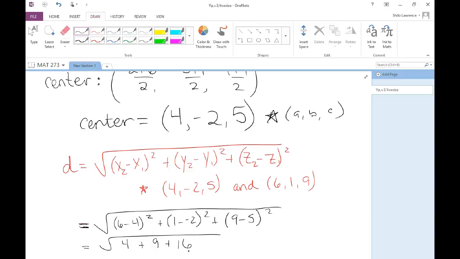If you did the other point, the subtraction step's going to look different, but after you do the subtractions and the squares, you should have 4 and 9 and 16 as the squares that you're adding together. That should still be the same.